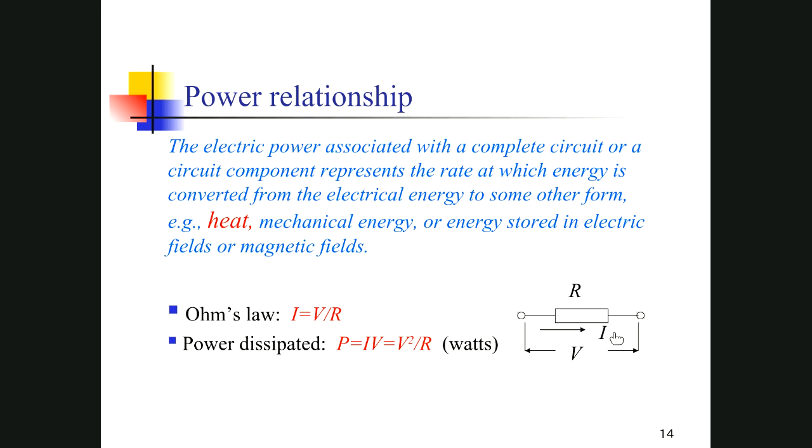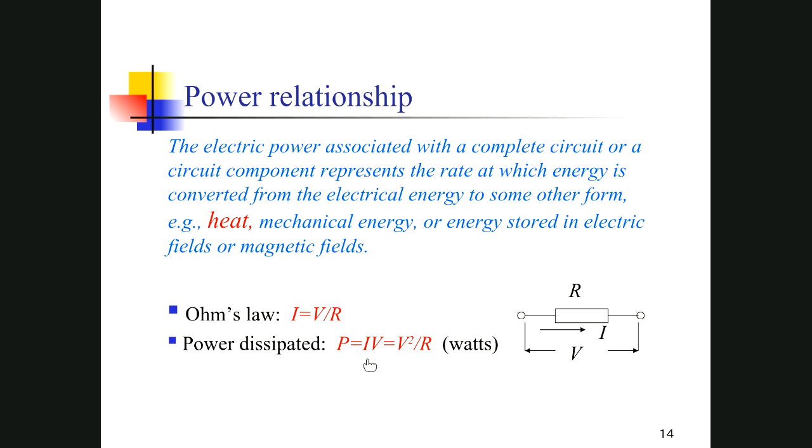Then, if the voltage is 0, then the power is 0. If the current is 0, then the power is 0. So we get the logic. If the current is 0, then the power is 0. If the voltage is 0, then the power is 0.